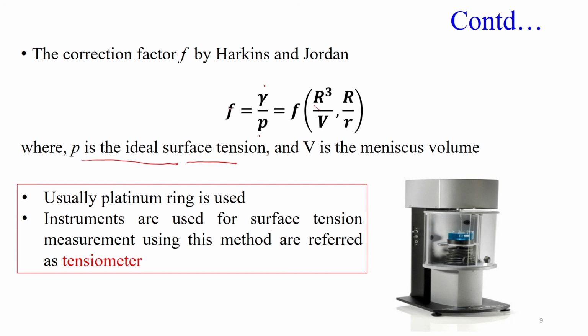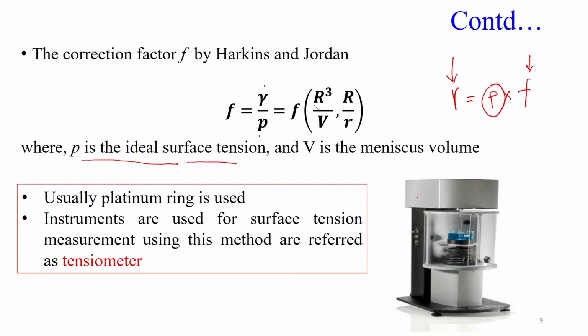So, if you multiply P with the correction factor, it means gamma is equal to P, the ideal surface tension, into the correction factor. So, if you can calculate the correction factor, you should be able to calculate the ideal surface tension. This is the measured surface tension, this is the correction factor.